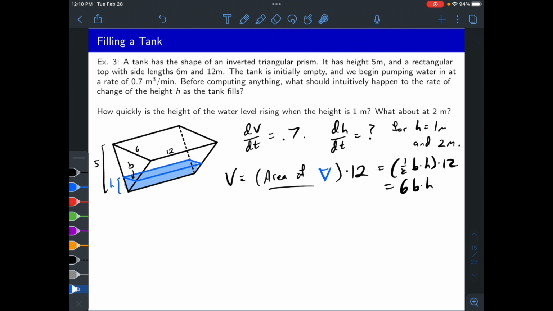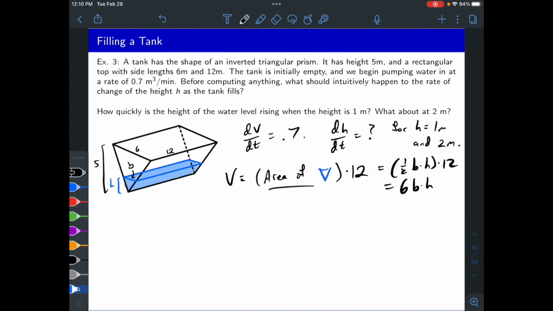All right, and so now what can we say about b? Well, notice that this triangle right here is actually similar to this triangle over here. And the base and height of this triangle, the base is 6 and the height is 5. So the base and the height should be in proportion with the base and the height of that similar triangle. There's any number of ways that you could set up a ratio relating all those quantities together.